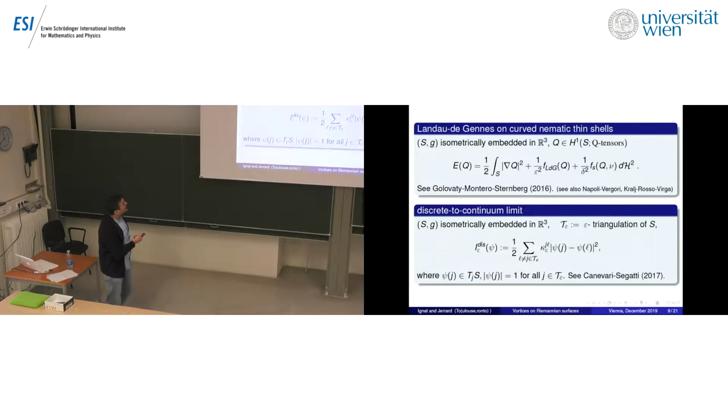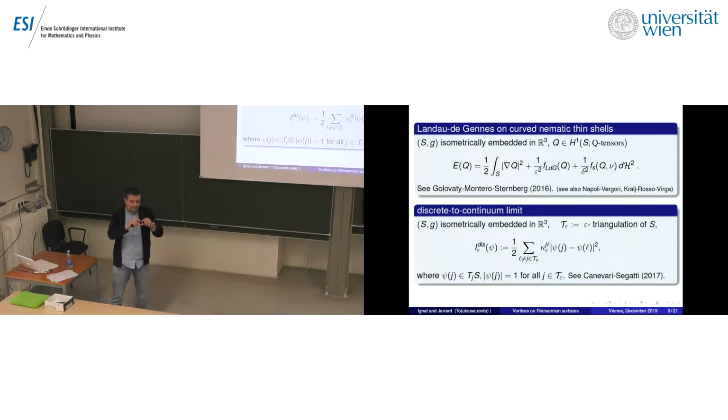But now, since we are in a nematic liquid crystal community, let me. So Apala Majumdar already mentioned this work. She mentioned it in a plane surface, but the result of Dimitri, Peter, and Montero is in general for embedded surfaces.